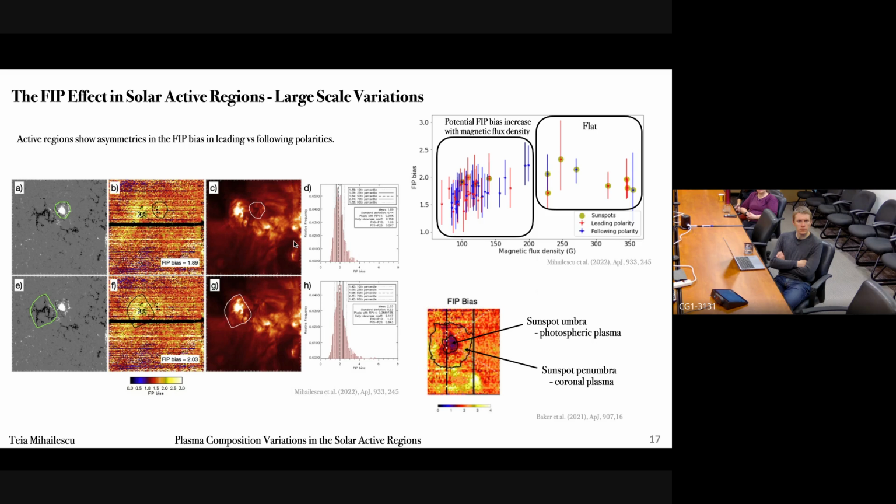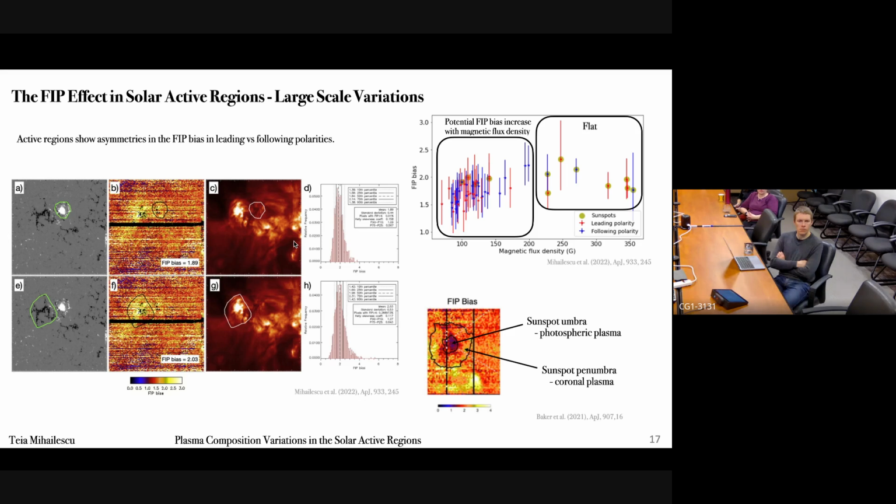It's known that active region polarities evolve asymmetrically throughout an active region's lifetime. The leading polarity tends to form a complex sunspot that remains compact for a longer period of time, whereas the following polarity doesn't become as compact or becomes more dispersed more quickly.